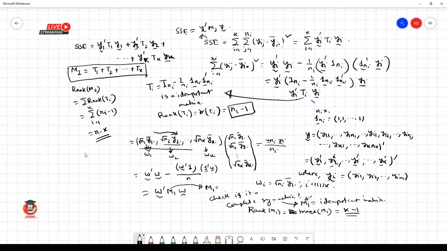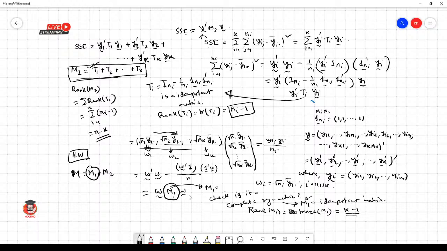Another homework is you should check this thing: M equals M1 plus M2, where M1 is this and M2 is this. First you should find M1, then check whether M1 is a complete symmetric matrix or not, then check whether M1 is idempotent or not.